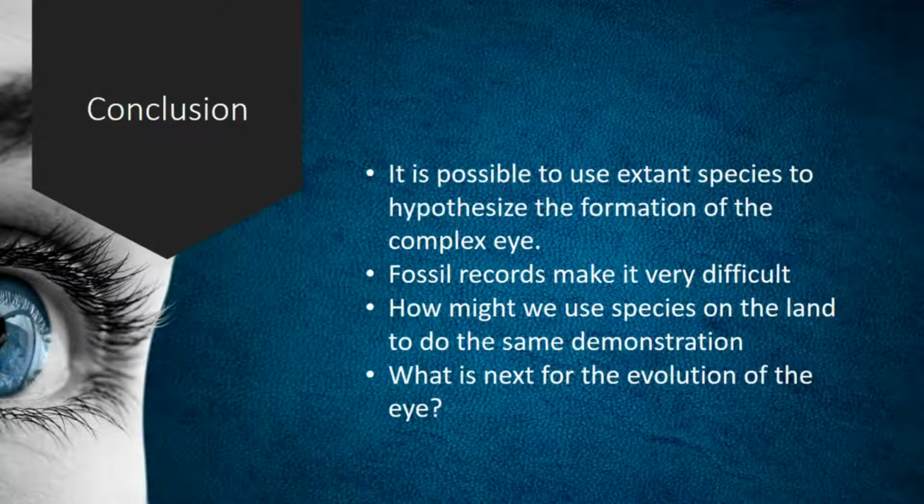Some questions that I have are, how might we use species on the land to do the same demonstration, as I've used mostly amphibious species? And furthermore, what is the next step in the evolution of the eye? There's amazing research being done currently of contact lenses that will allow us the ability to zoom in on objects, and also contact lenses that can give us night vision.